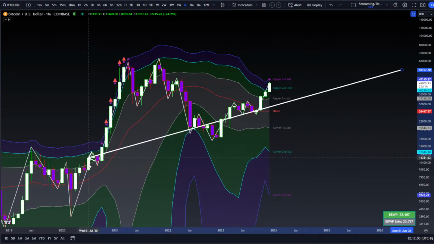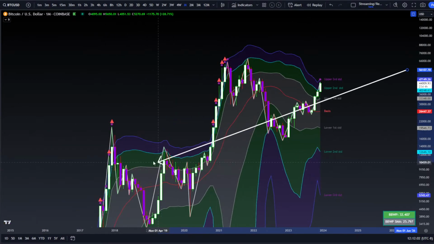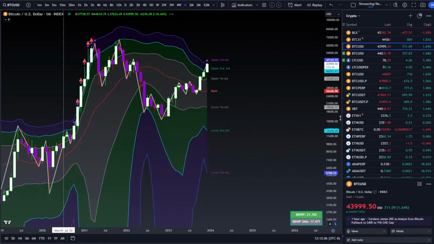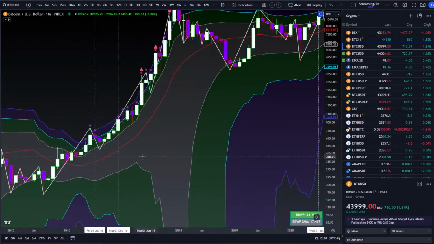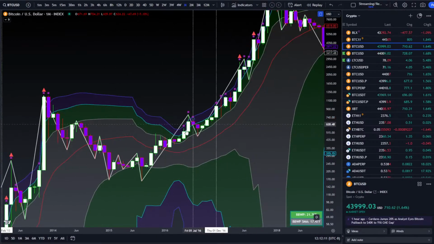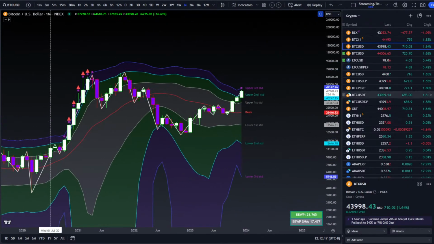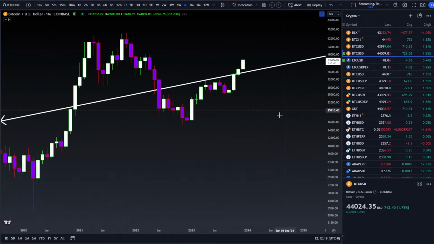We got it back here in 2020. And for the index chart, we can see we got that slight wick below it in 2016, which is basically what I'm looking at as being a similar setup to what we're seeing now, just as something to reference.